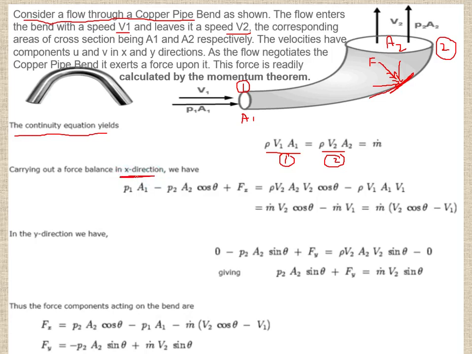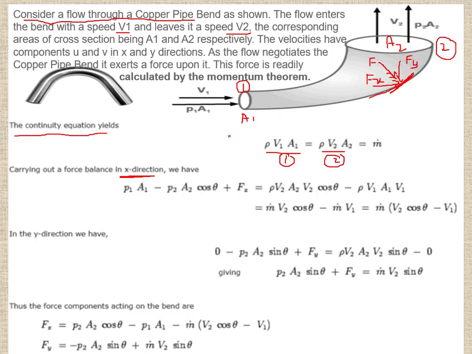So first we are going to see what are the forces acting on the surface in x direction. So this is the component which is Fx, and this is the component which is Fy.